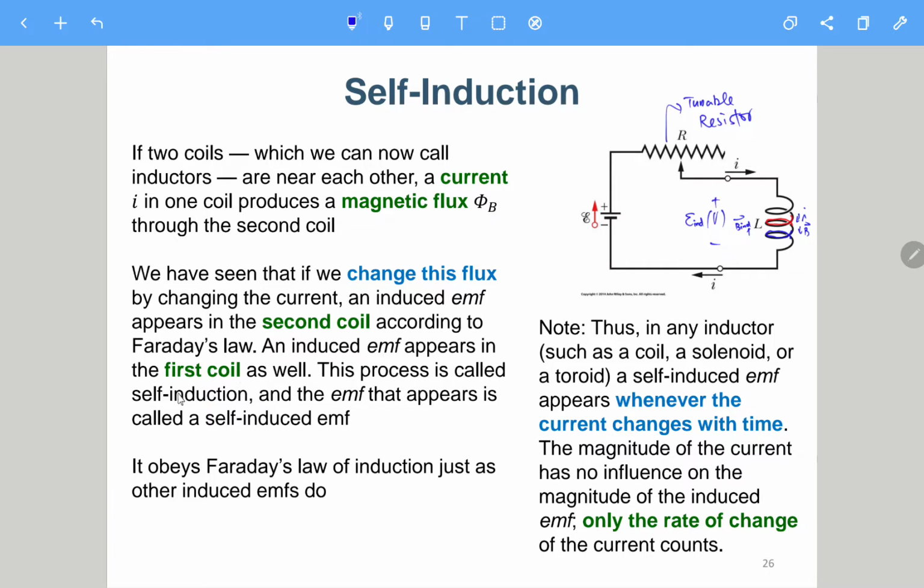So this process is called self-induction, which means that one of the coils has current, then it will generate the magnetic flux over other coils, and governed by Faraday's law, it will generate some induced EMF in the opposite direction. The EMF that appears is called the self-induced EMF. It obeys Faraday's law of induction just as other induced EMFs do.